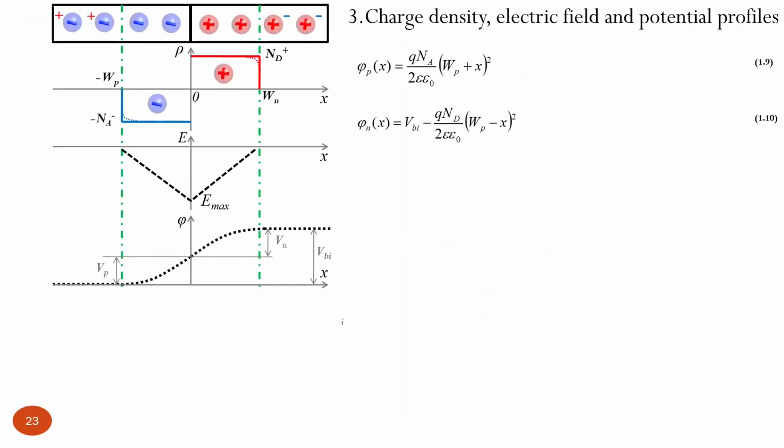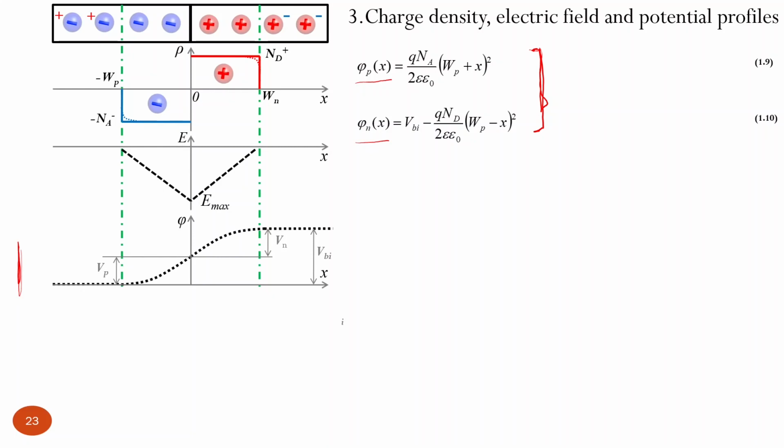Let us then come back and see. So these are the equations which we derived for electrostatic potential distribution in the P and N type depletion regions. Now take a look here at this part of the figure. We have a graphical representation of this quadratic distribution of electrostatic potential.